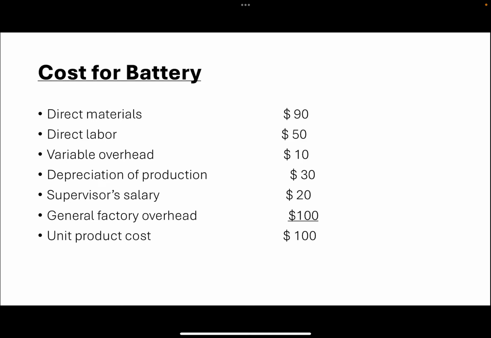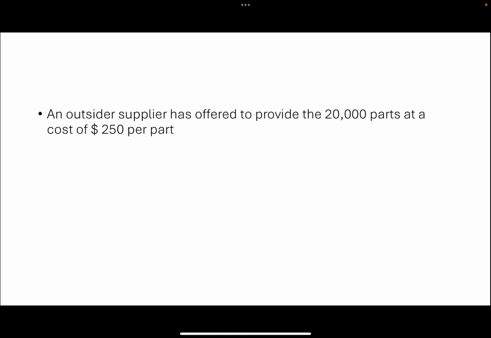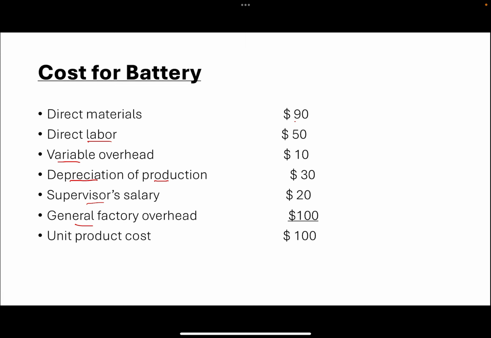Direct material cost is $90, direct labor cost $50, variable overhead $10, depreciation of production $30, supervisor salary $20, general factory overhead $100, unit production cost $100. So in total this comes to around $300. So it takes $300 to manufacture a battery for the iPhone.